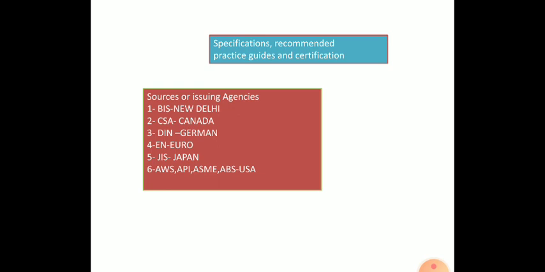Then DIN is the German standard, issued by the Deutsches Institut für Normung. EN is the Euro norm, issued by the European nations. And JIS is the Japanese Industrial Standard, issued by the Japanese Standards Association. So these are the points related to the standards.